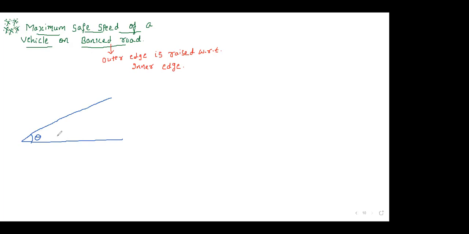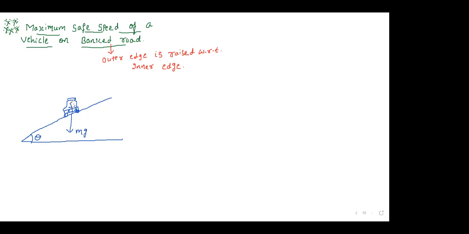Let us say there is a vehicle here. How is the weight of the vehicle going to act? Downward, mg.